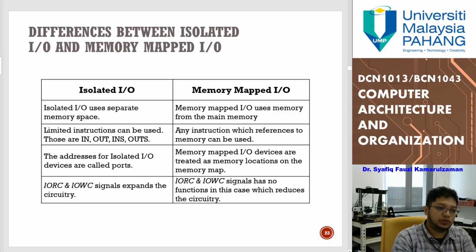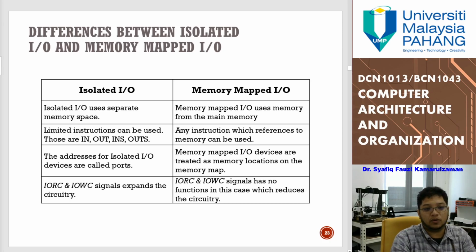So the differences between these kinds of I/O mapping: for isolated I/O, they use separate memory space, while memory map I/O uses the same memory locations within the main memory. Isolated I/O limits the instructions that can be used, for example in, out, ins, and outs.